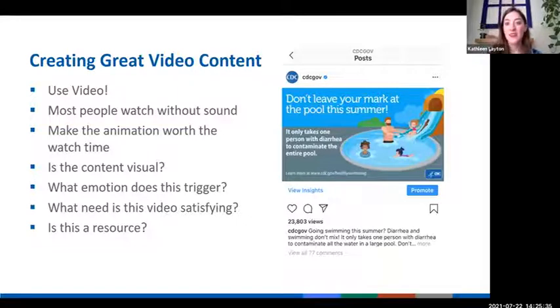When crafting content for Instagram, ask yourself, is this content visual? Is this video interesting? What emotion does it trigger or address? The first example of the girl sliding down the water slide is a really great example.